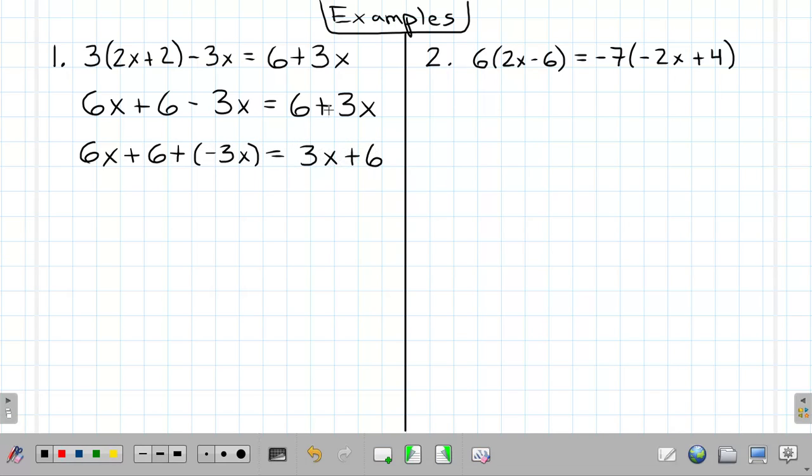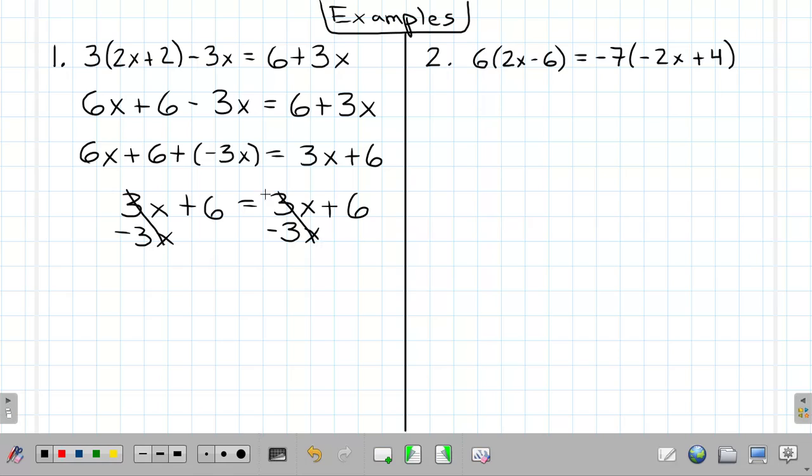And then I'm going to do something here: since this is addition, I'll just flip the terms around so I have the variable term first. But then here I can see, well, what can I combine with 6x? Negative 3x. Well, that gives me 3x. We still have the plus 6. Well, look what we have here. Technically, from here, we could say that that's infinitely many solutions, but let's just keep going on.